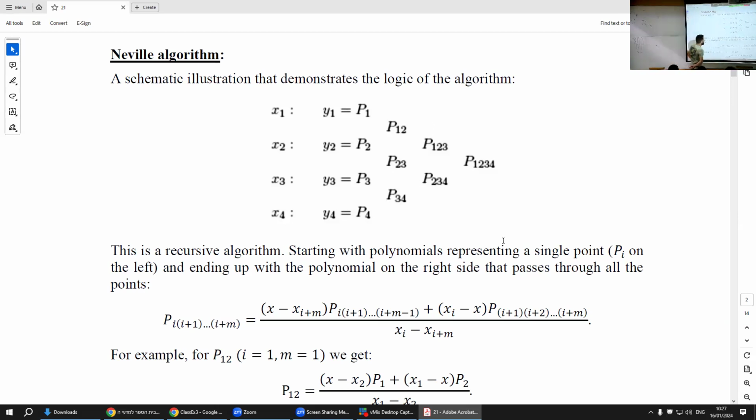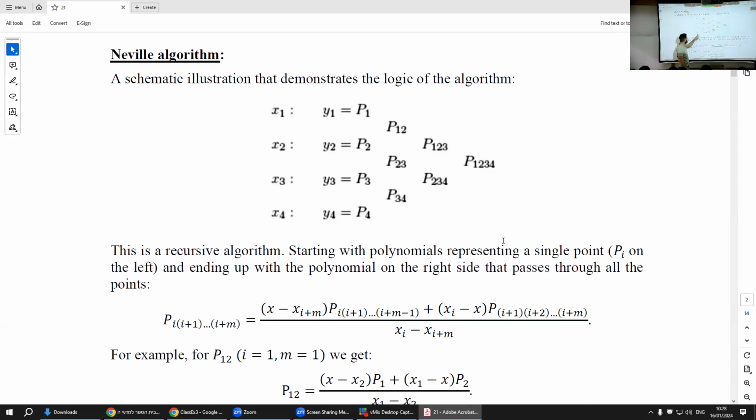I tell you that if I want to use only the information that you gave me at x1, I will evaluate the function at this x that you asked me about as y1. Okay? Only. If I want to use the information about x1 and x2, I will use the polynomial p12, which is built of p1 and p2.